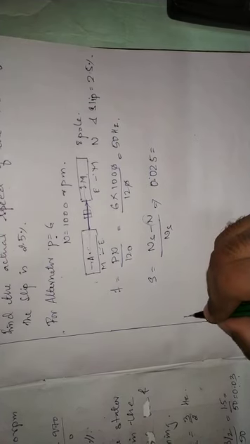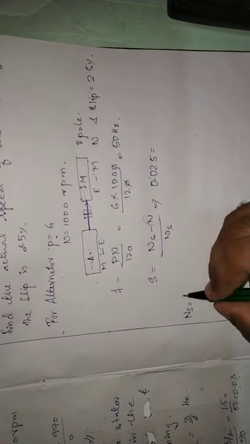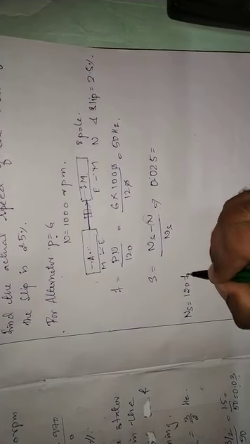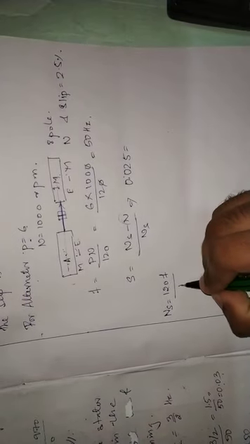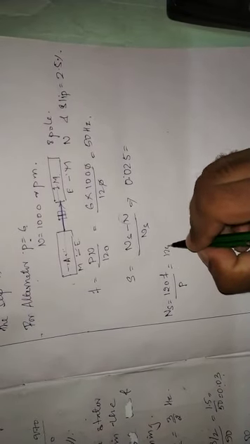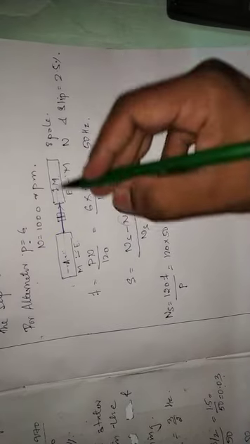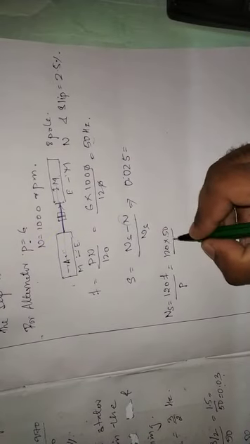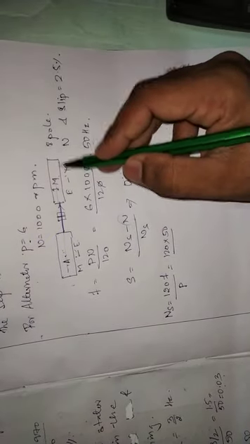Ns can be calculated by this formula again, 120 f upon P. 120 into 50 Hz, what we have calculated here, divided by the poles for the induction motor, which are 8.